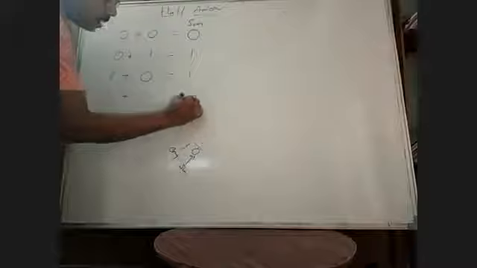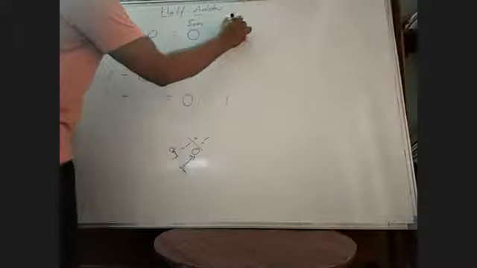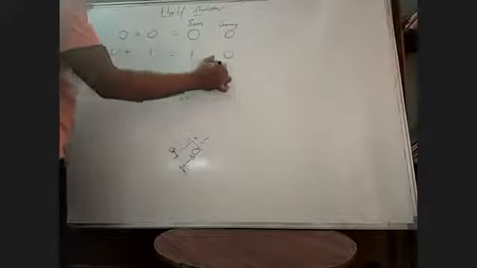That is, I am writing the sum as 0 and indicating the carry as 1. When adding 2 bits, 0 plus 0 gives sum 0, no carry. 0 plus 1, sum 1, no carry. 1 plus 0, sum 1, no carry. When both bits are 1, the sum is 0 and the carry is 1. This addition we are calling half addition.